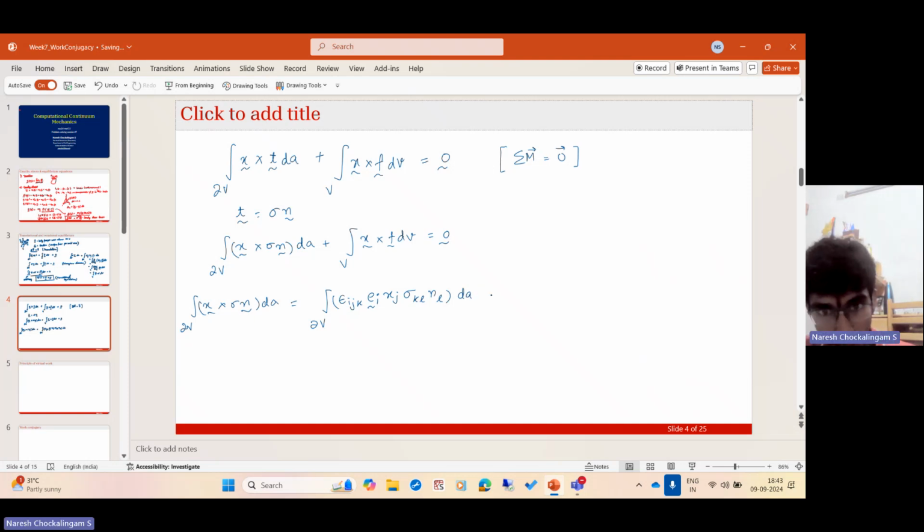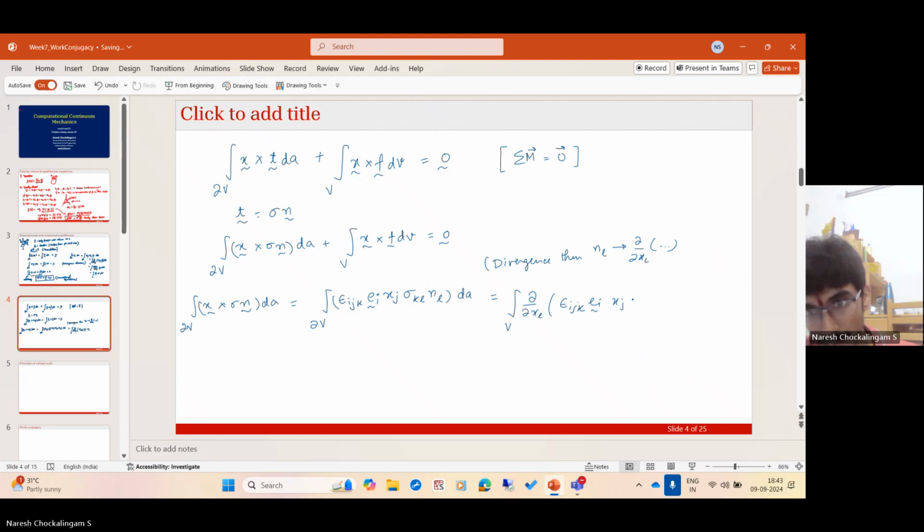And use the divergence theorem. So what does it say? The trick to remember the divergence theorem is whenever you have an nl, replace it with partial by partial xl of everything else. So this becomes integrated over the volume, partial by partial xl of epsilon ijk ei xj sigma kl dV.